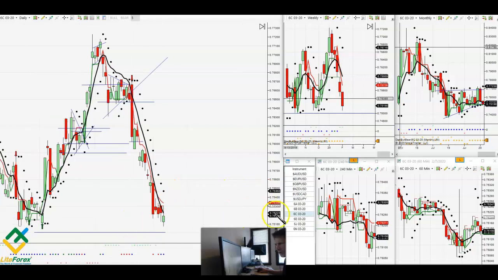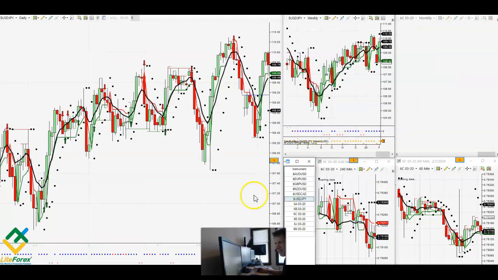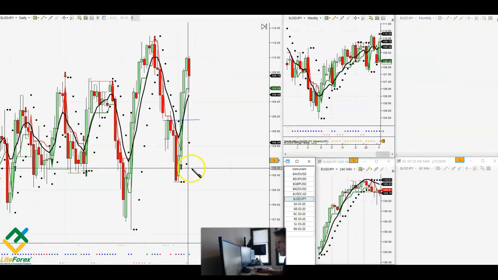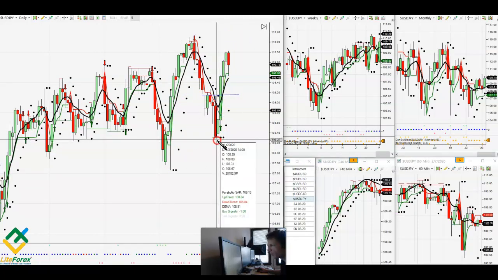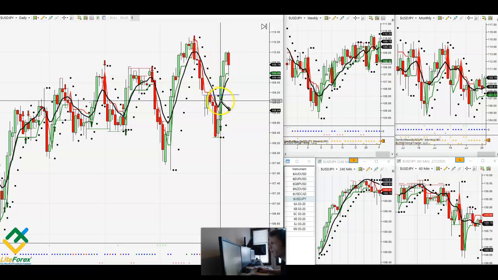All right, lastly, USD yen. USD yen held some good support, like I mentioned, 108.31, pulled up.